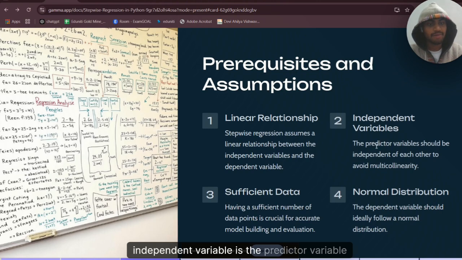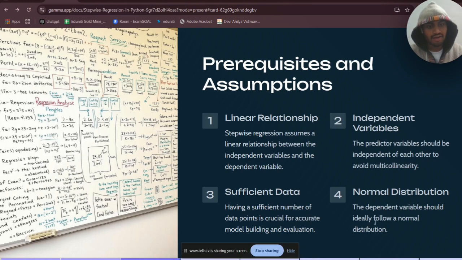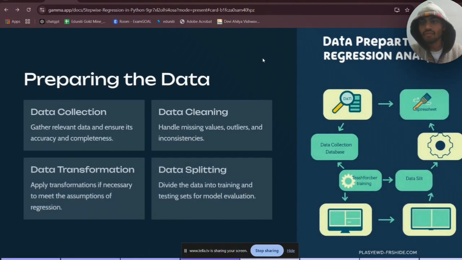Independent variables: the predictor variables should be independent of each other to avoid multicollinearity. Sufficient data: having a sufficient number of data points is crucial for accurate model building and evaluation. Normal distribution: the dependent variable should ideally follow a normal distribution.